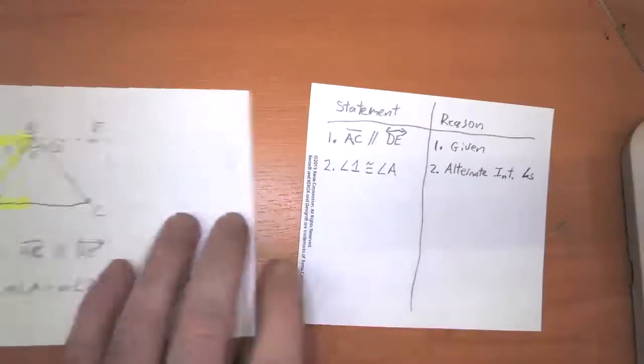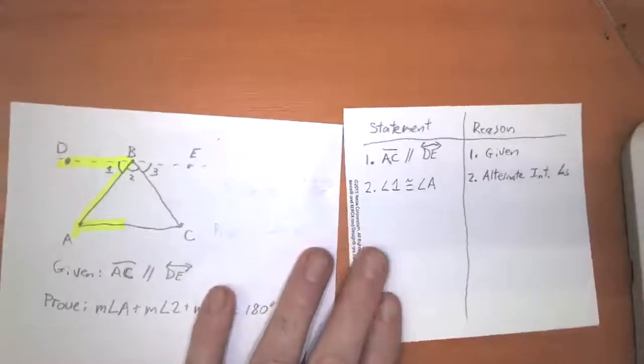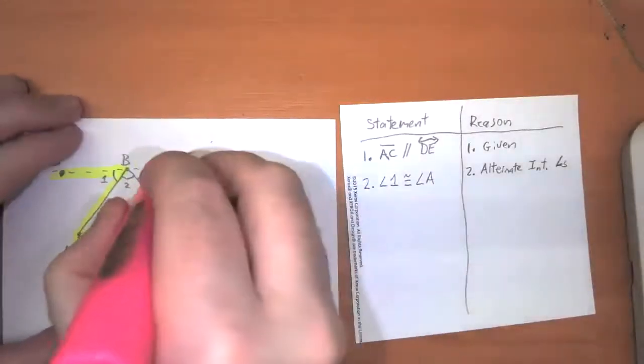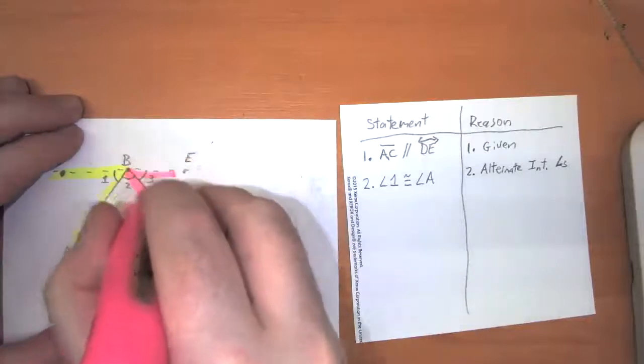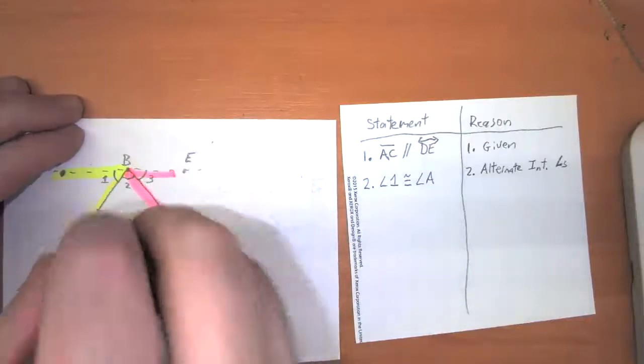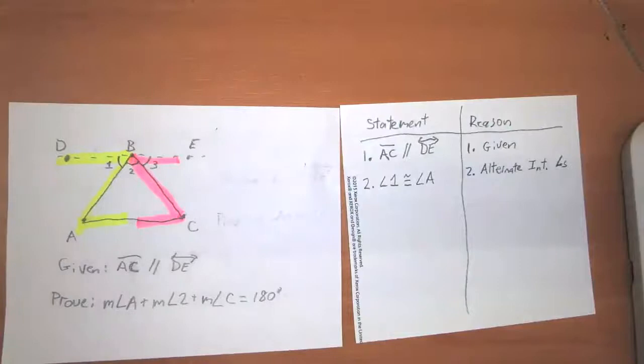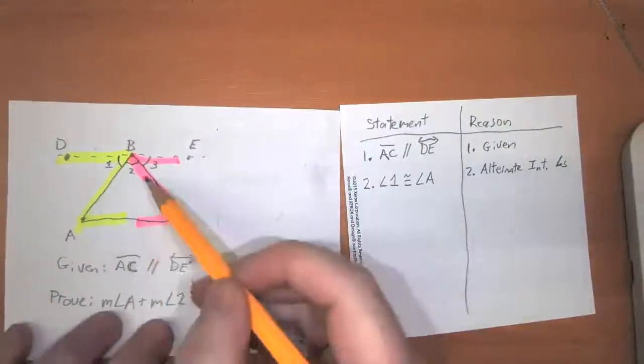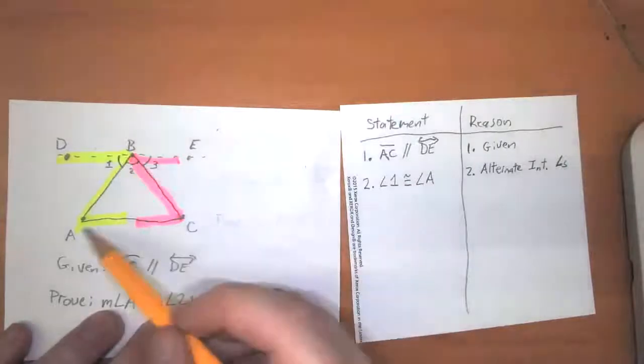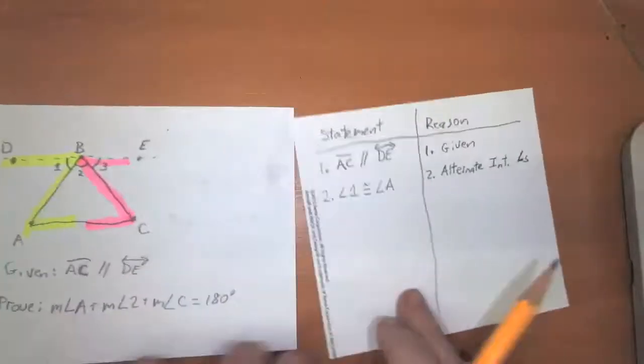All right. Do you see any other alternate interior pairs in this diagram? I'll give you a hint. Sometimes the mark of Zorro needs to be backwards in order for it to work out. And we do. So I'll take my pink highlighter and swish, swish, swish like this. So what are my alternate interior angles looking at the two parallel lines with BC as my transversal instead of AB?